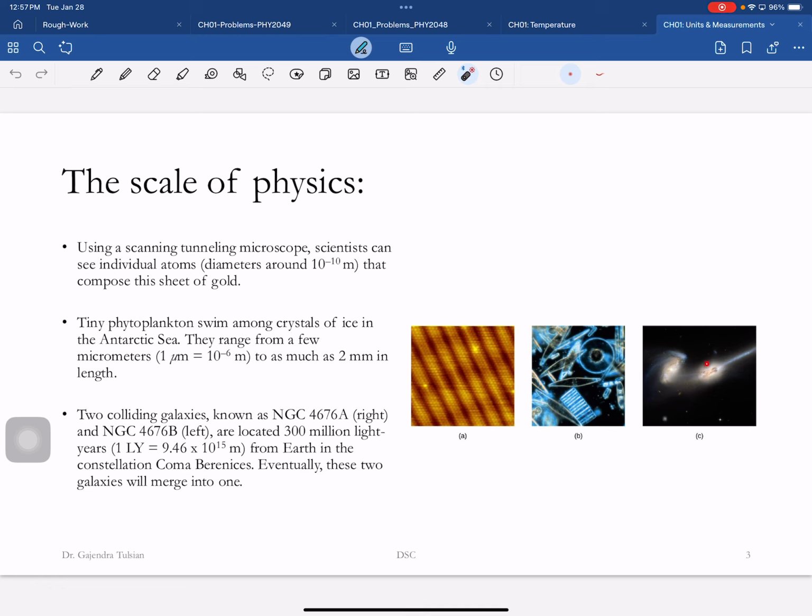Here are galaxies, and the size of these is 10 to the 16 meters. That's 10 to the 26 times bigger than that. So this object is 10 to the 26 times bigger than that. That's 100 trillion times bigger than that. And we want to explain all of their behaviors.